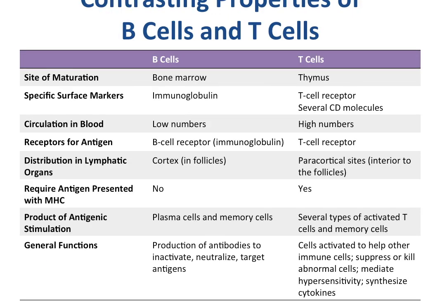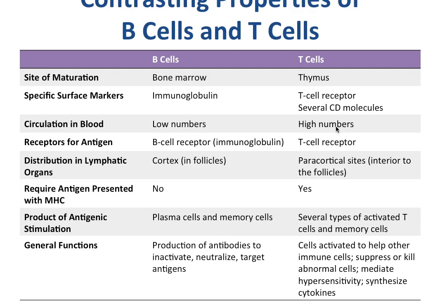Now, this table shows the difference between the B cells and T cells. We can see the B cells mature in the bone marrow and T cells mature in the thymus. B cells produce antibody immunoglobulin, and T cells normally don't secrete antibodies.